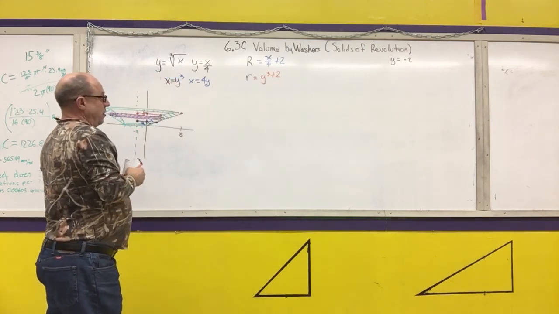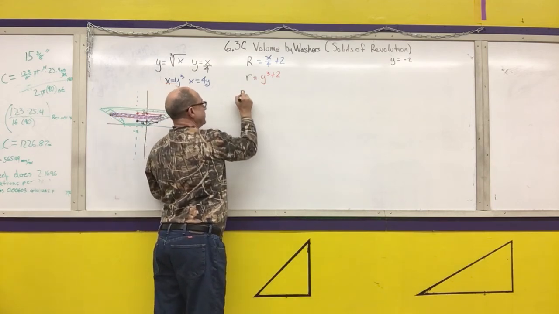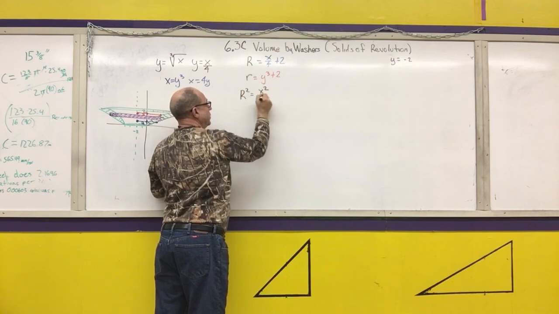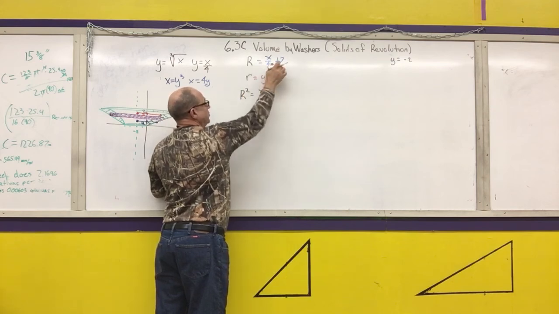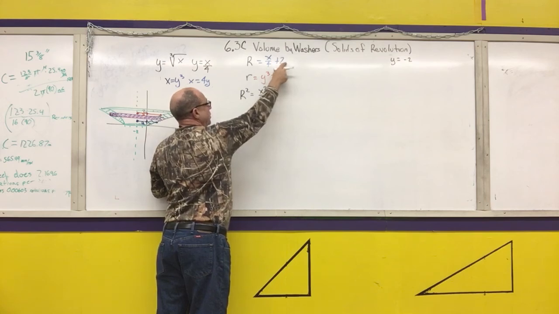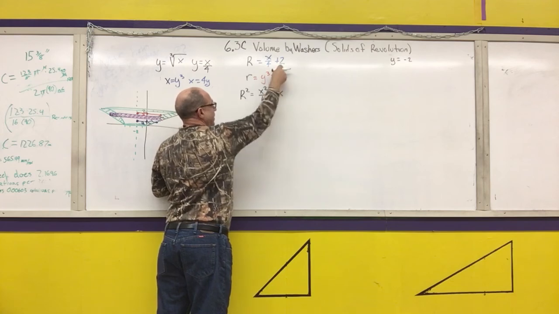And for my integral, I want both of these squared. So big R squared is first term squared, 2 times the product, 2 times 2 is 4, times x over 4 would just be x, plus last term squared.